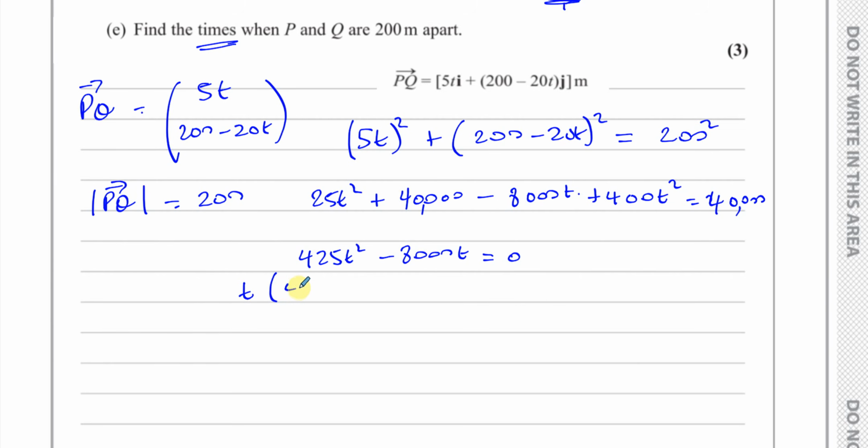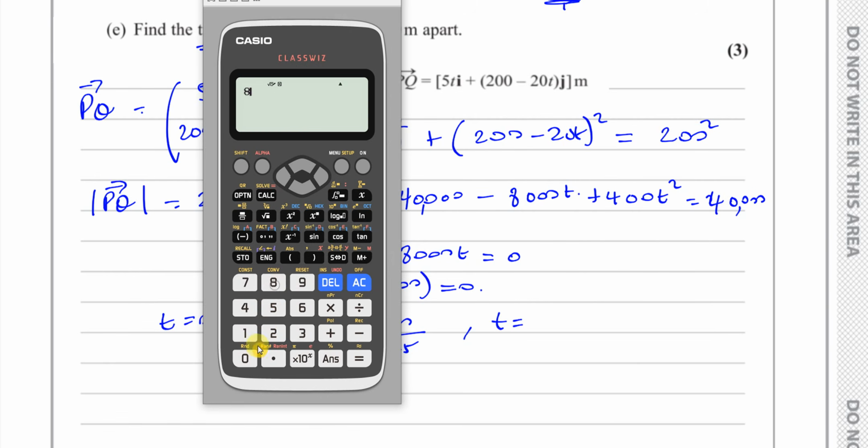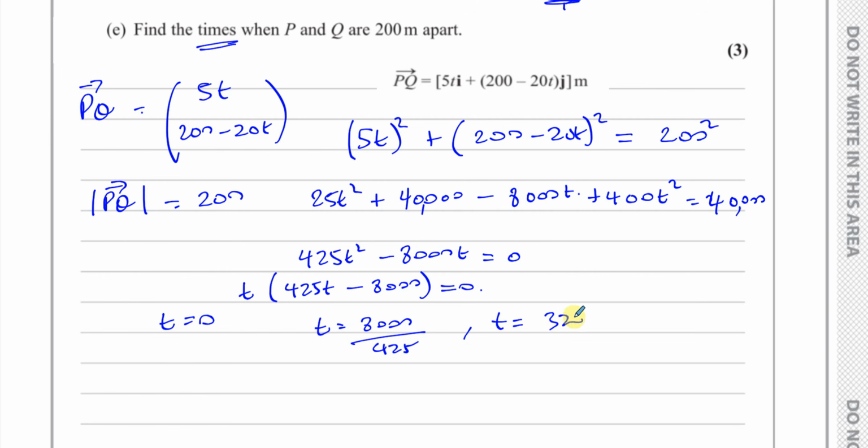You get t times (425t minus 8,000) equals 0. So t equals 0, or t equals 8,000 over 425. Dividing 8,000 by 425, we get 320 over 17.